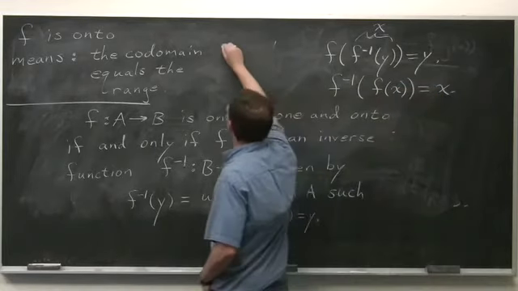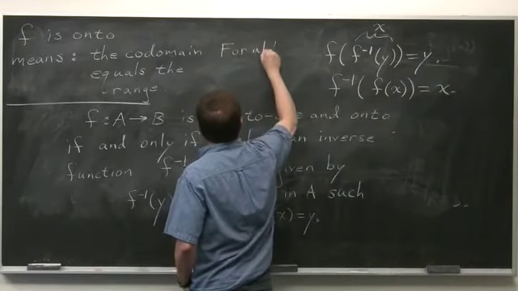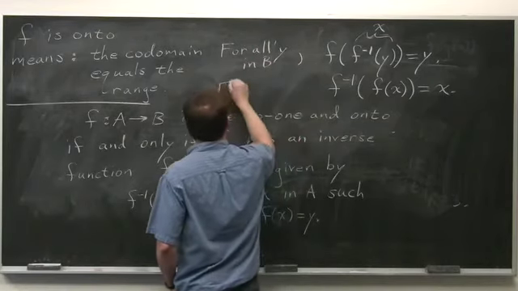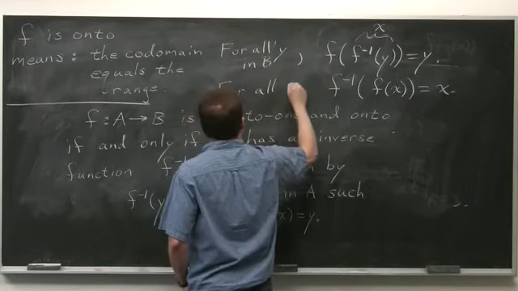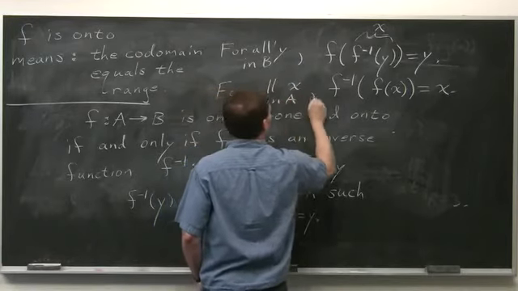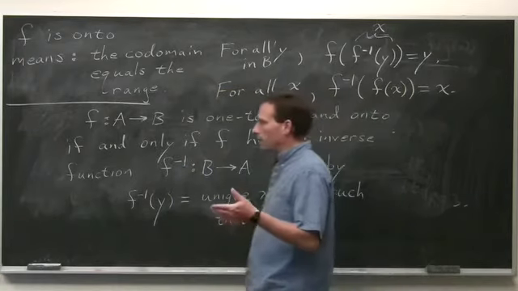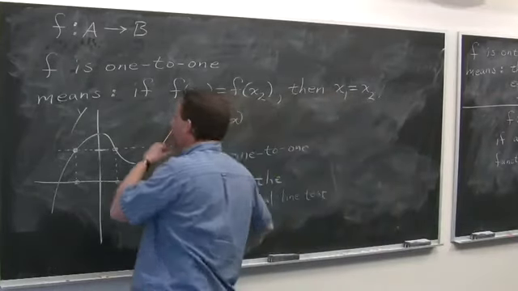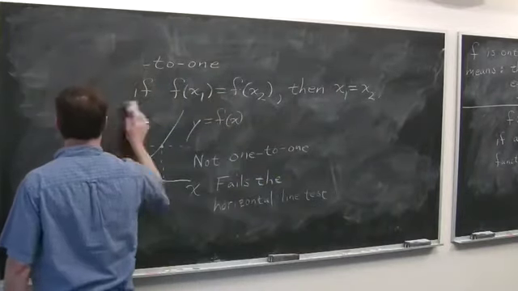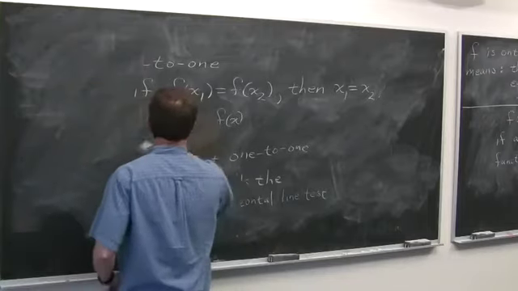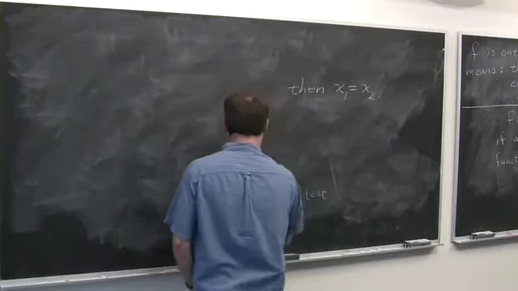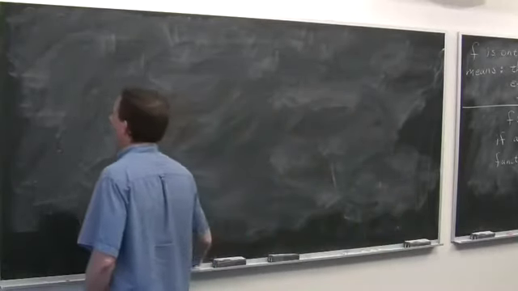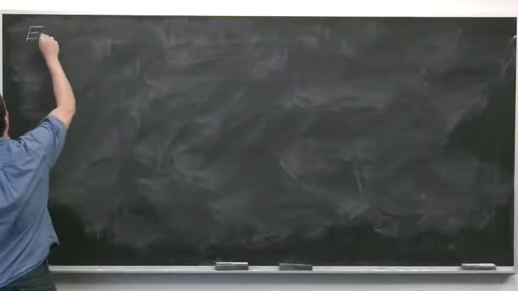This is for all y in B and this one is for all x in A. That's the inverse function. It's the function that undoes what the original function does. So the case you're probably most familiar with is something like cube root. So roots of functions are roots of x. So an example.